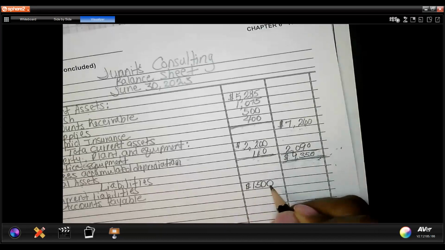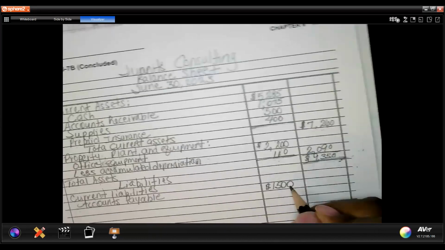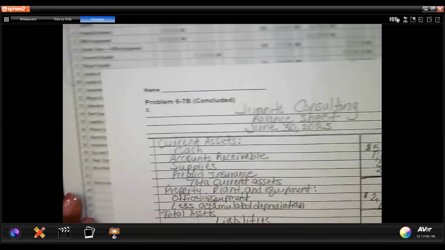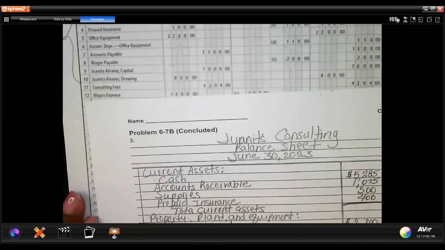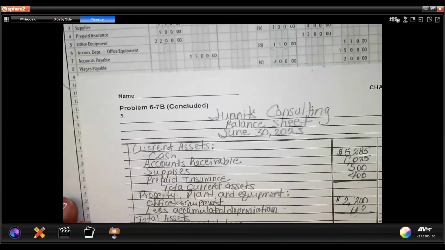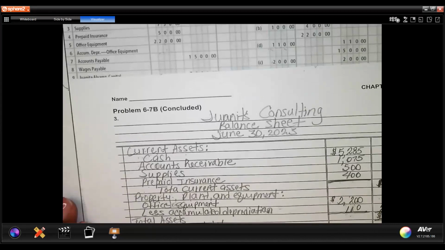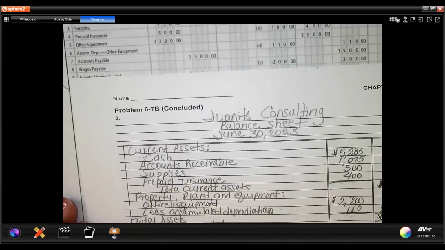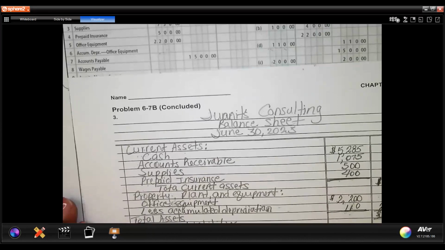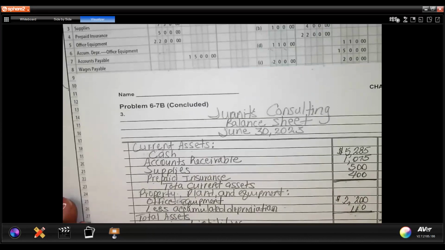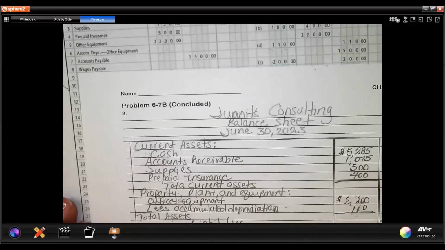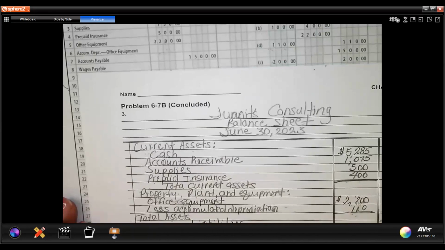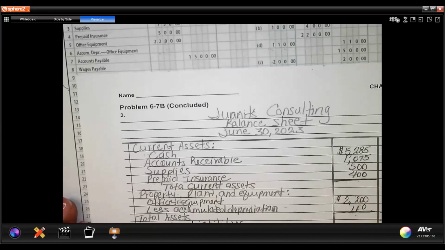So our next liabilities account is going to be our wages payable account. As you can see here, we opened up that account because we had a liability to pay employees. So therefore, we added a wages payable account to our liabilities because we were liable for $200, as you can see here.